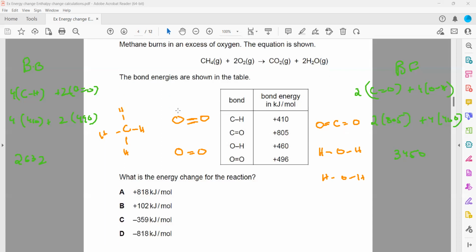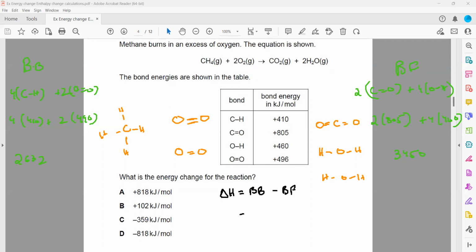Now to calculate the energy change, it is bond breaking minus bond forming. So the enthalpy change or energy change is the bond breaking energy minus the bond forming energy.